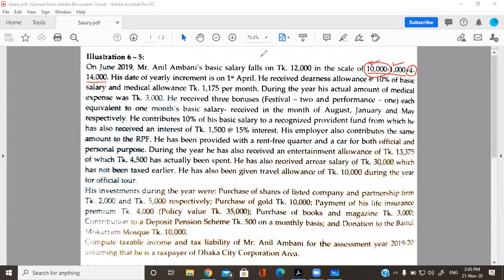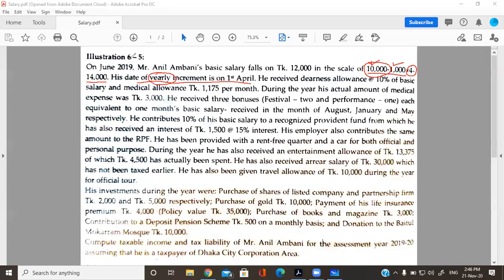That means if there is one increment after a certain period, it will be mentioned when the increment will be made. For example, additional information is given which gives you the hint of when the increment occurs. It is said that every year on 1st April, because it is mentioned as his date of yearly increment, he will be entitled to receive one increment.